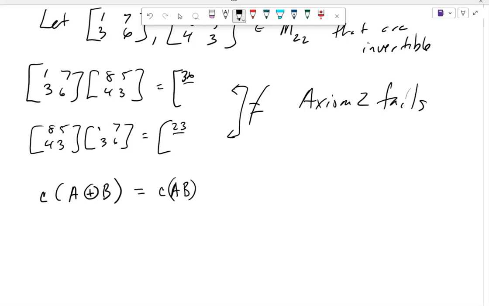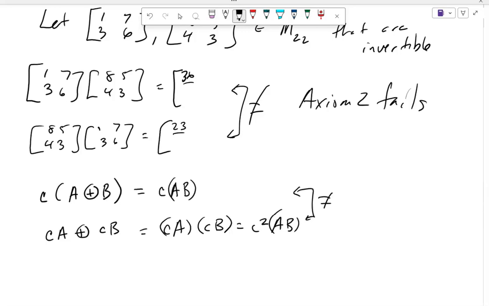No. That's it. That's all we got, right? It's just the constant times the product. But what if you do it this way? What are you going to end up with? CA times CB, or C squared times AB, right? Are these two equal? No. So your axiom 7 would fail too.